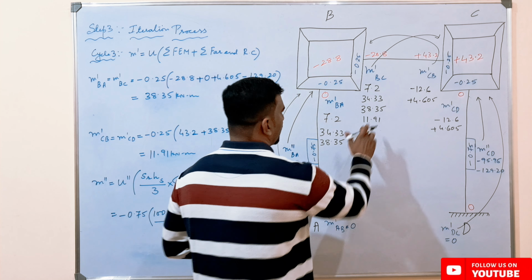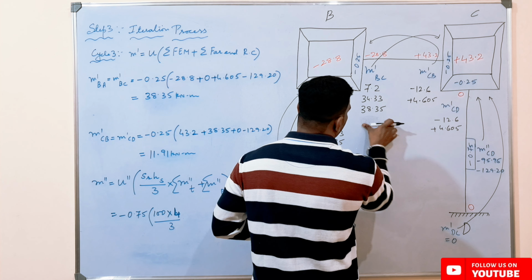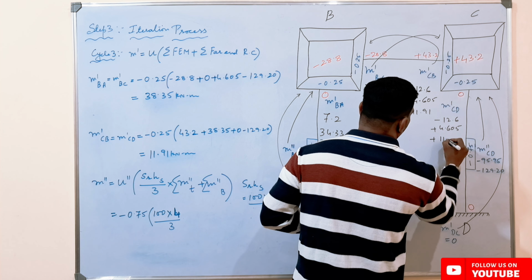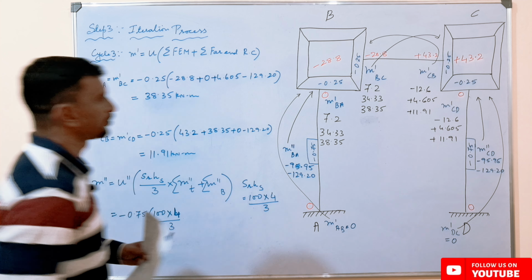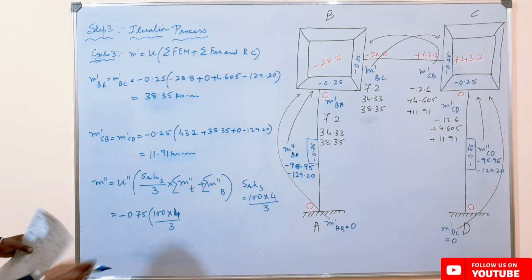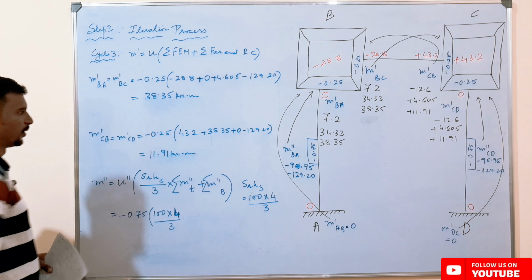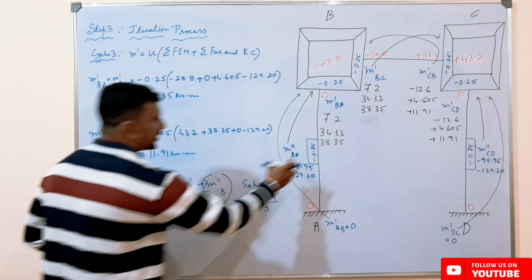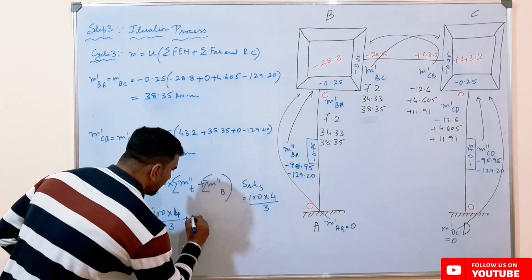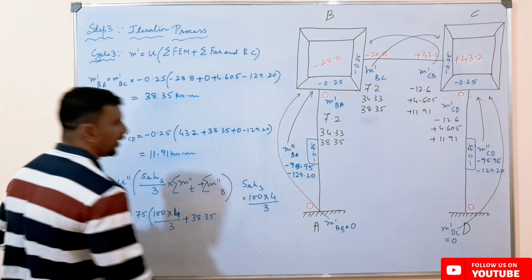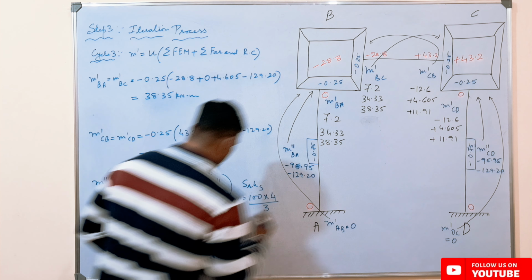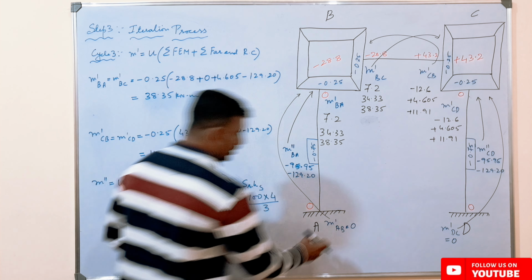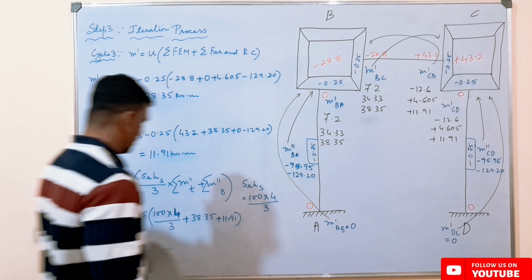sorry, not here, this is here. Plus 11.91 plus 11.91. So now if you want to calculate the displacement contributions, about the top here, the value here if you see, that is 38.35, a new value. Also here it is having a value of plus 11.91, and about the bottom it is 0 and it is 0.